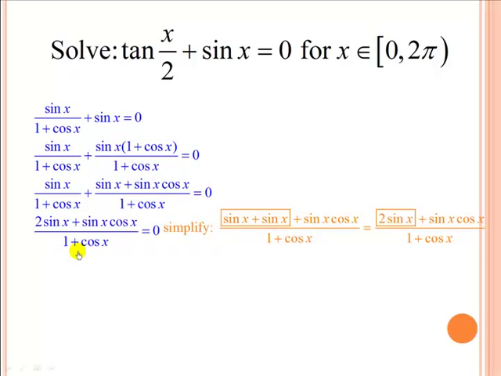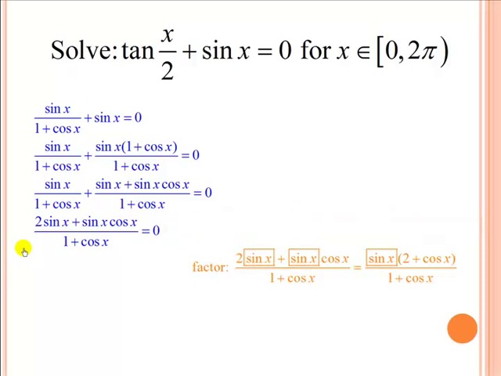At this point, several things stand out. First, the right hand side is equal to 0, and second, we have a fraction, and we know that fractions equal 0 only when the numerator is 0. So we can go ahead and set the numerator to 0, but before we do that, we'd like to factor.